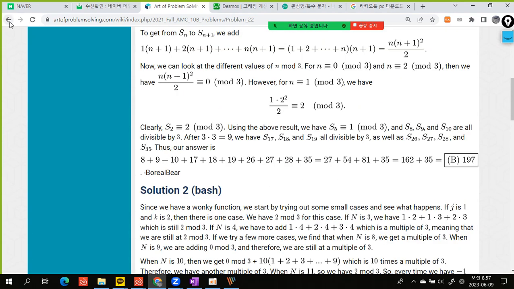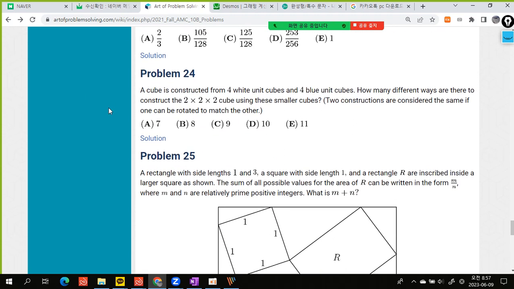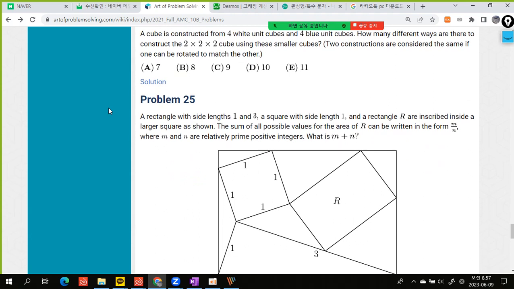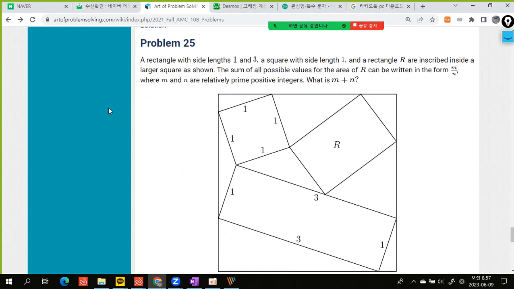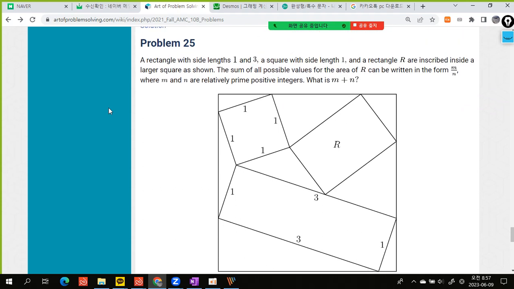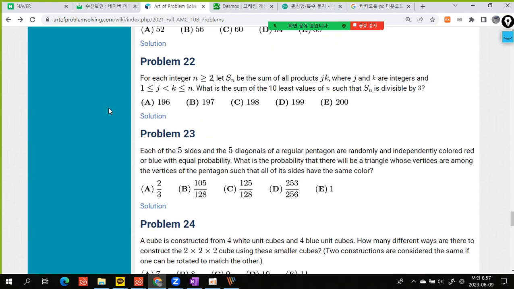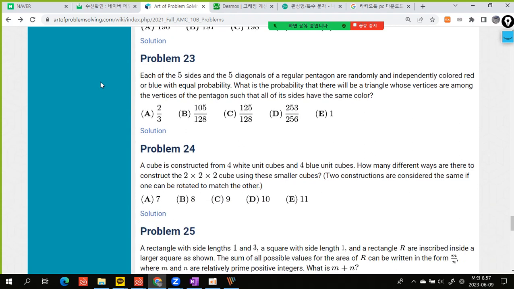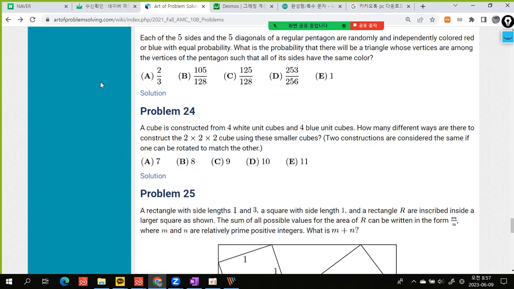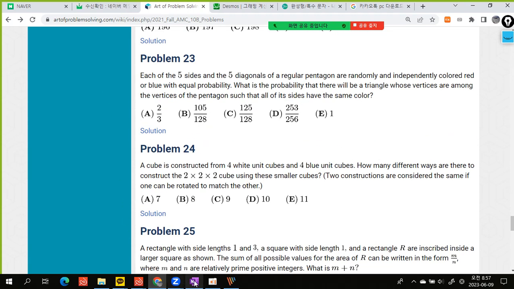From 23 to 25. Any problem? Okay. Let's go through it.